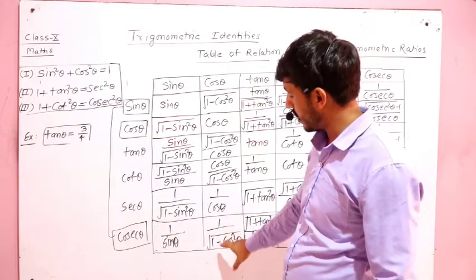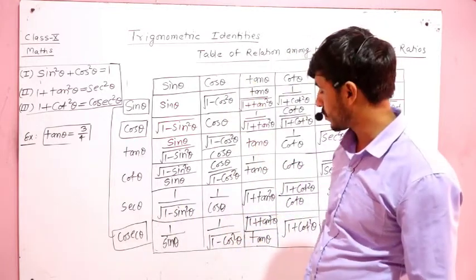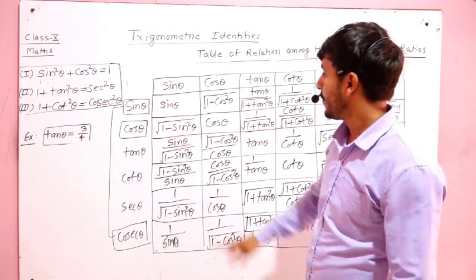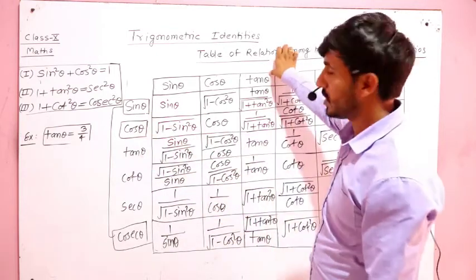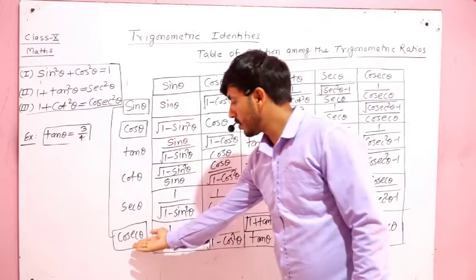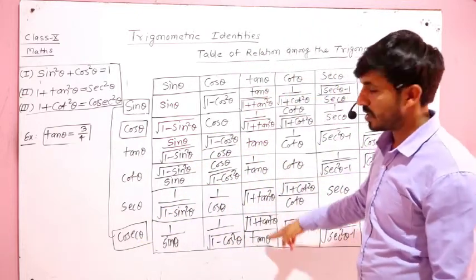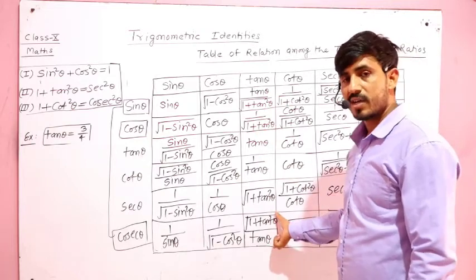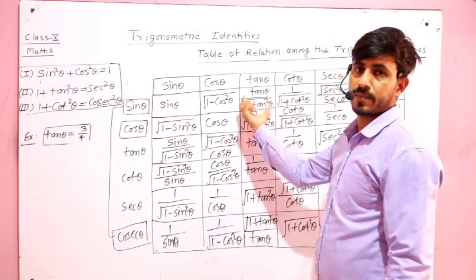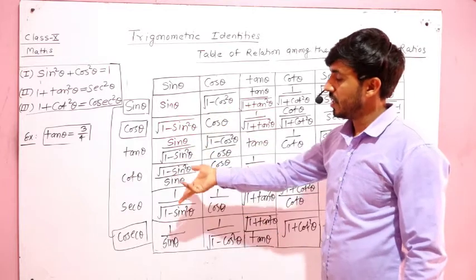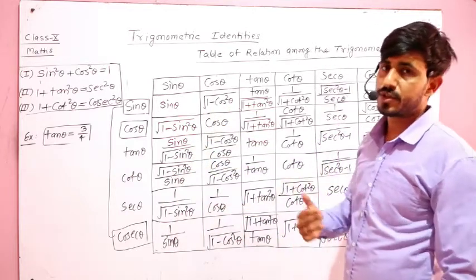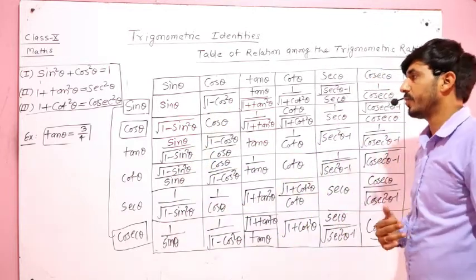It means we have 1 upon root of 1 minus cos square theta. Again, sin theta in terms of tan theta, then cosec theta in terms of tan theta, and you can see the relation. Here the obtained part is the opposite of this part, as you know sin theta and cosec theta are reciprocal trigonometric ratios of each other.